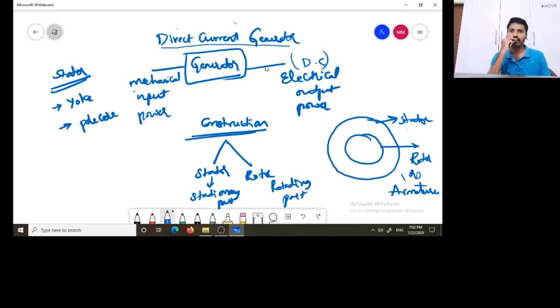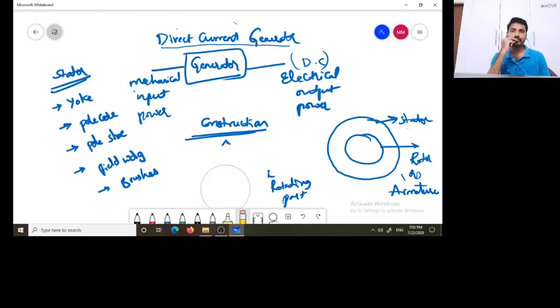First I am writing the major parts present in a stator: yoke, pole core, pole shoe, field winding and brushes. These five are the major parts present in a stator. Now we will see one by one the function of these parts.